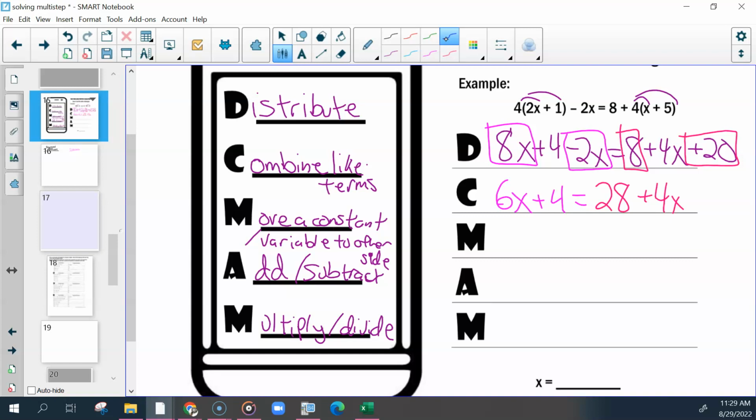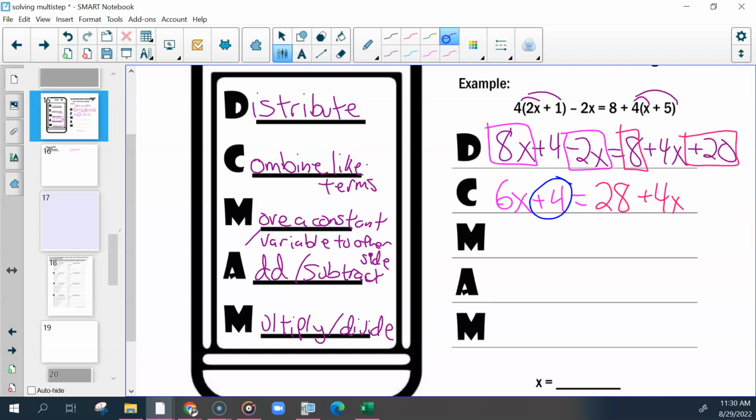Aaron? The 4x or just the 4. Okay, so let's start with the plus 4. If we start with this, we would need to move it to the other side by adding or subtracting. Which one are we going to use here?